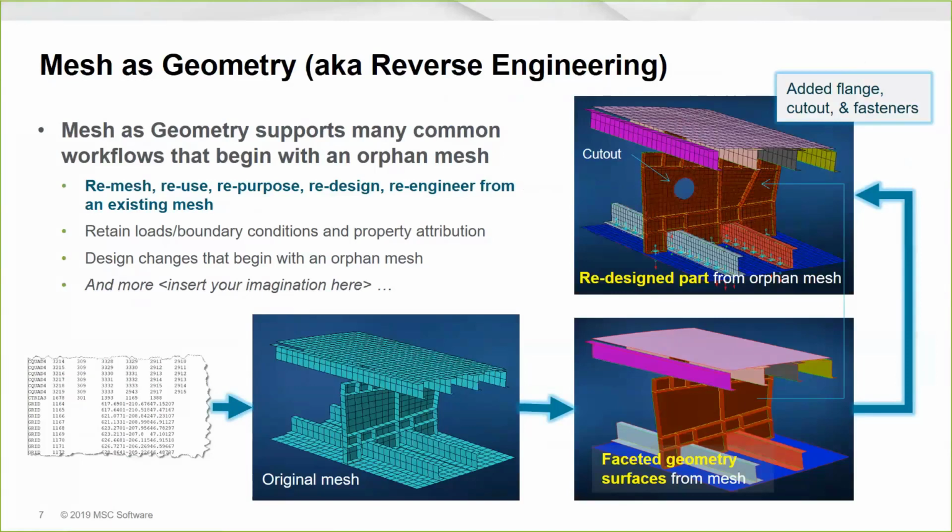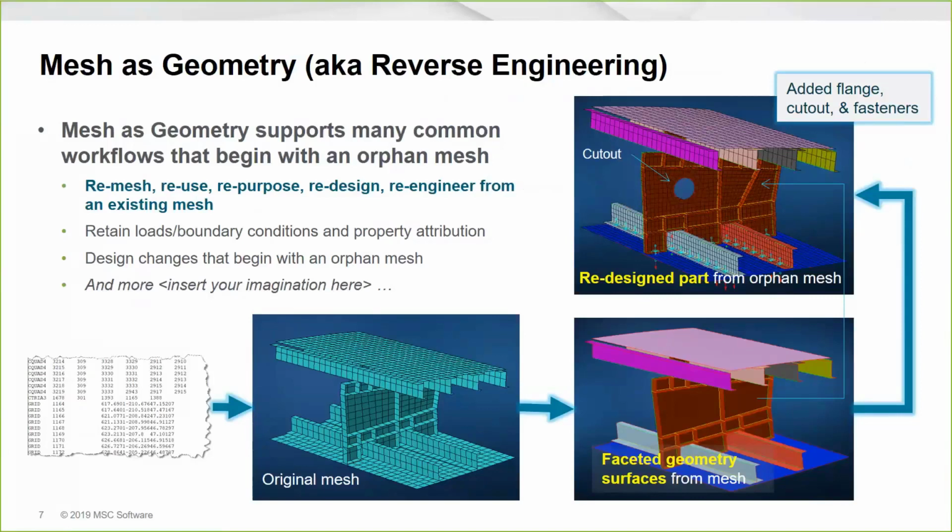A key capability is that, because of the methodology that we're using in Apex, you're going to retain loads, boundary conditions, and attribution of the model. You're not going to lose that. So this effectively allows you to create design changes that start with an Orphan mesh. And honestly, use your imagination because there's a lot of things that you can do that I probably haven't even thought about yet.